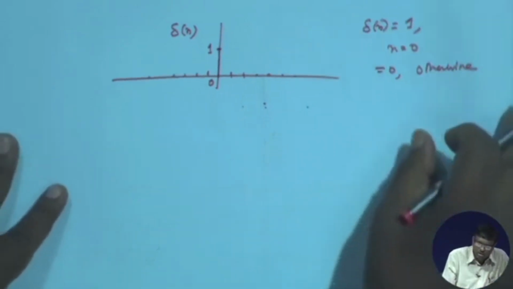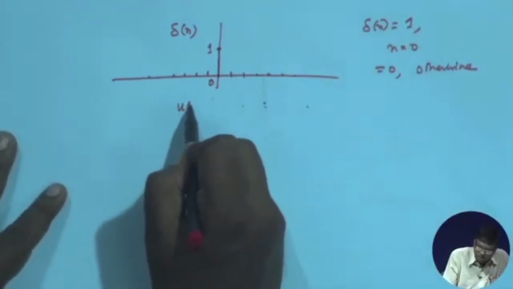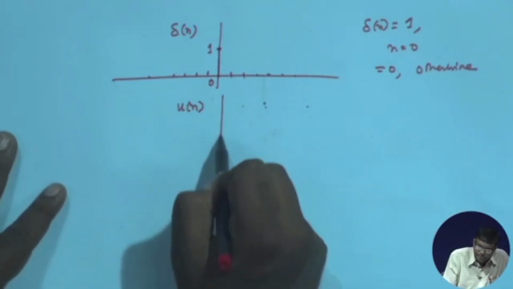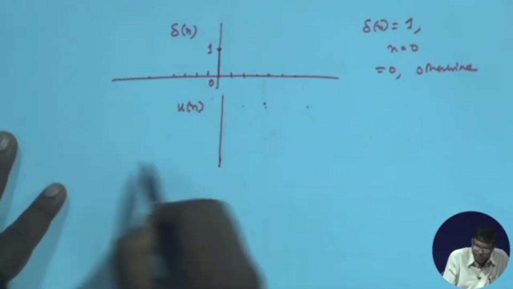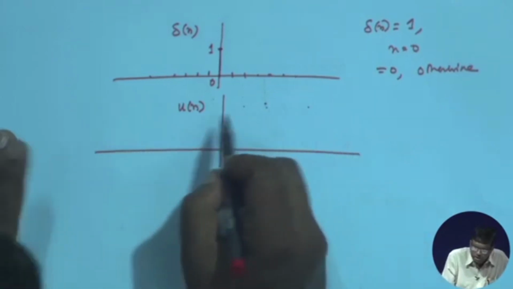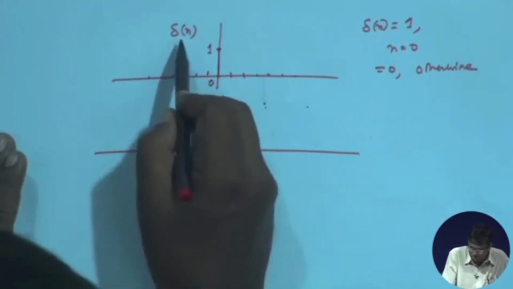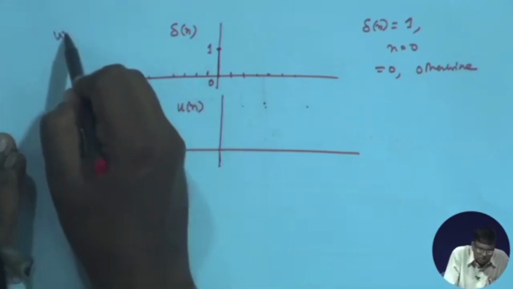All right. There is another sequence u[n], which is a unit step sequence. This delta[n] is called the unit sample sequence, not unit impulse.